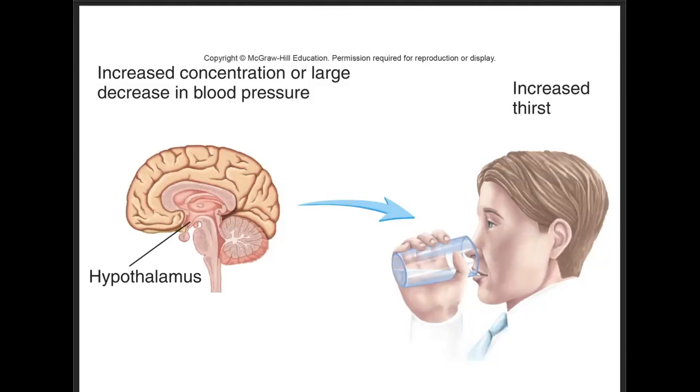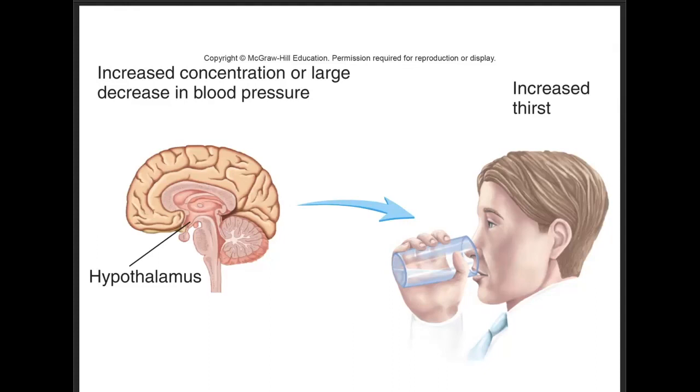Now, when the concentration of the blood increases, the thirst center responds by initiating the sensation of thirst. So we have the feeling of being thirsty, so we need to drink water. Okay. Now, once our hypothalamus dictated that our body or our system needs water, we will drink water. When water is consumed, concentration of blood decreases and the sensation of thirst will actually decrease as well.